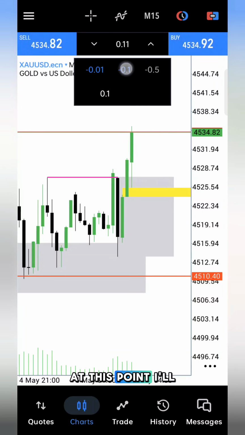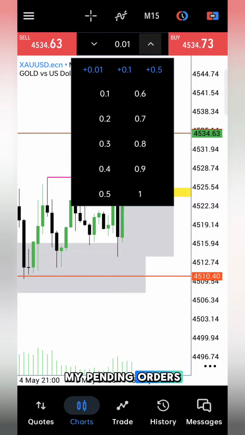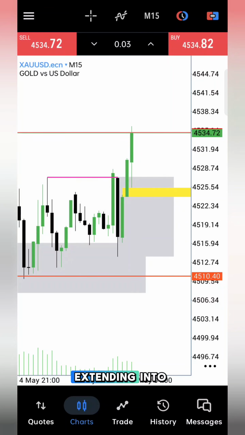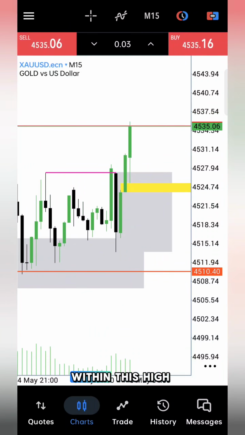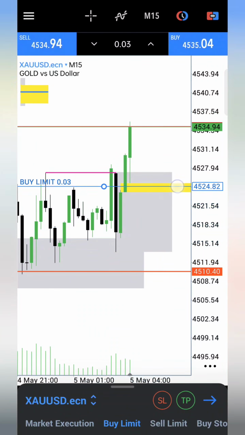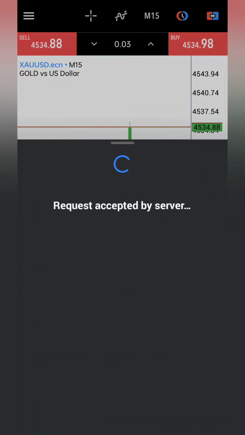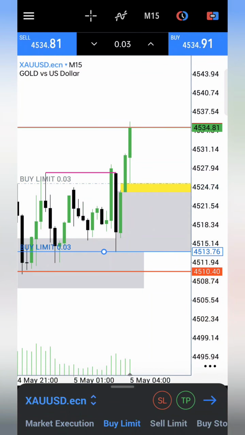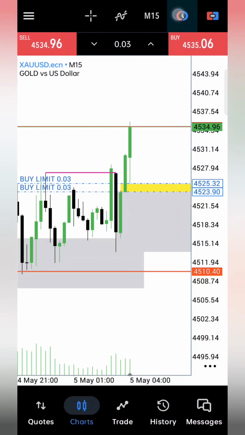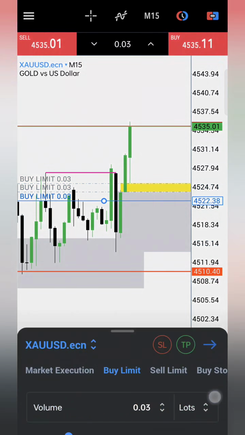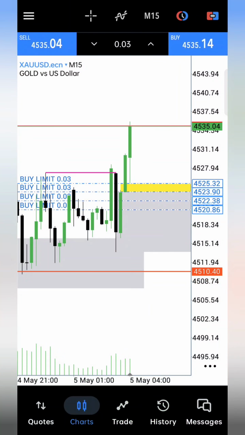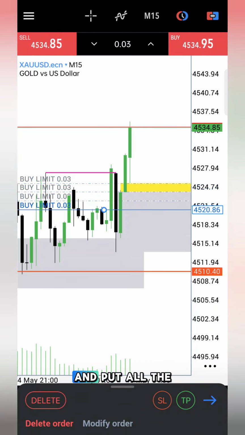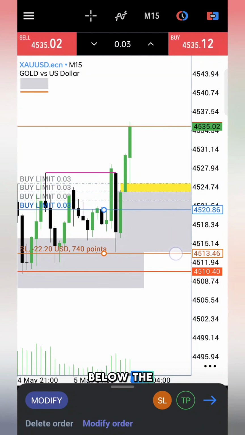At this point, I'll begin positioning my pending orders across the imbalance zone, extending into the order block, to capture a refined entry within this high probability area. And put all the stop losses below the order block zone.